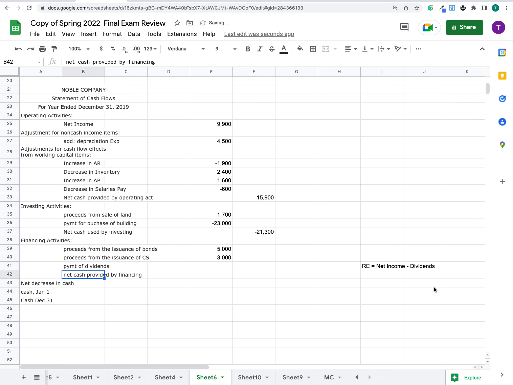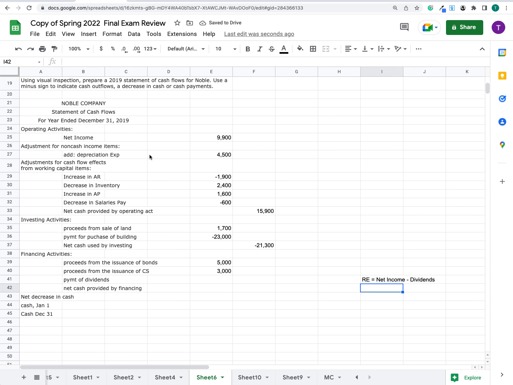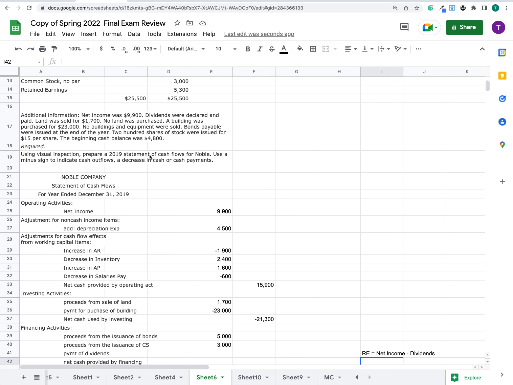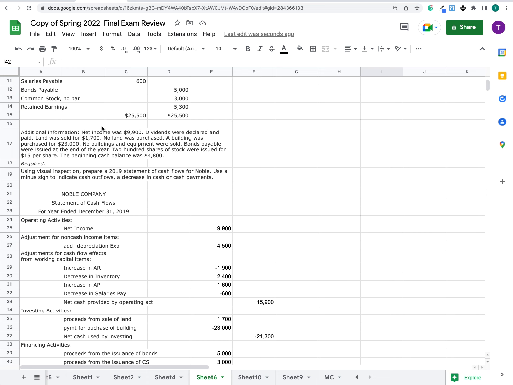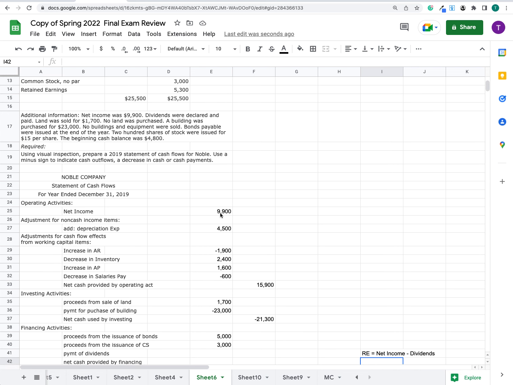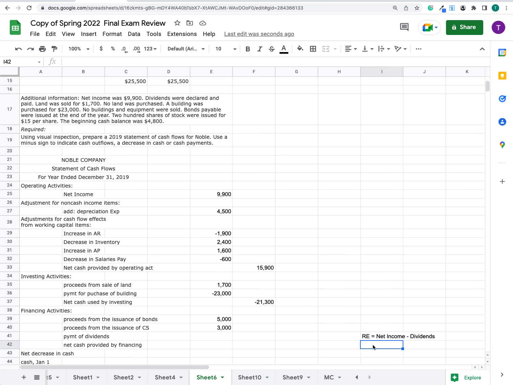And if we look back up at the information that we have, retained earnings 5,300, a change of 5,300, and we have net income of 9,900, and so we could say here 5,300 is equal to 9,900 minus X, or dividends.